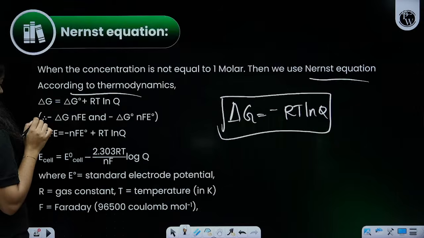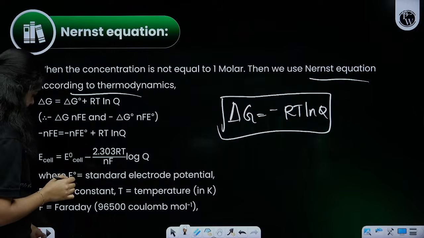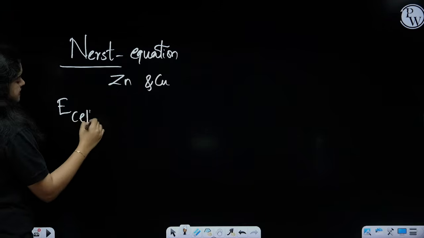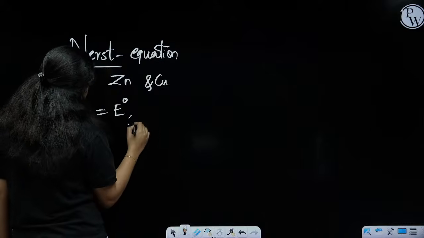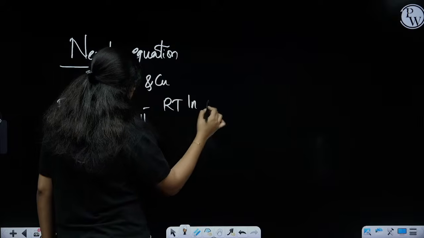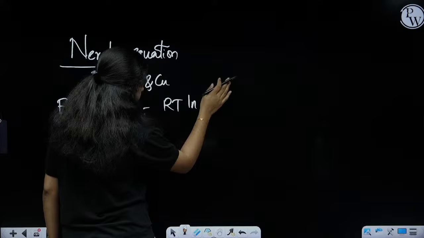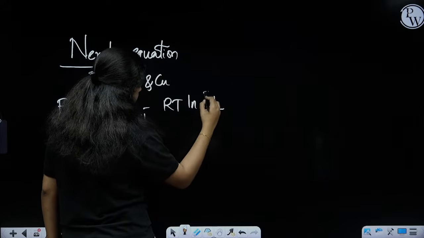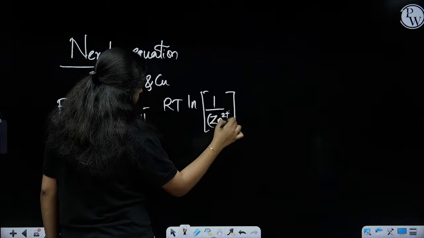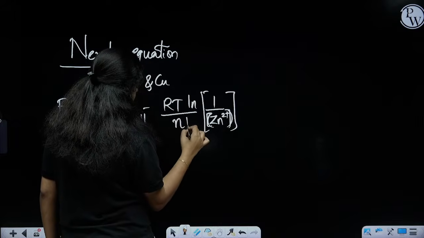The cell potential is given by E cell equals E0 cell minus RT ln oxidized by NF.